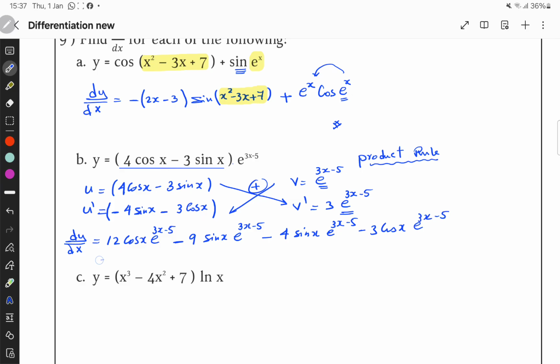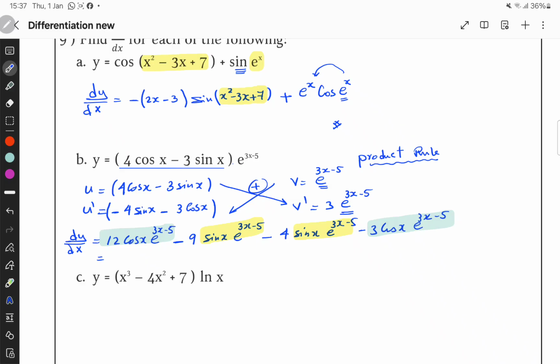Now we're just collecting. Do we have any like terms? Yes, because here sine times e and here sine times e are like terms. We're just adding or subtracting their coefficients. And also here 12 cosine x times e minus 3 cosine x times e are like terms.